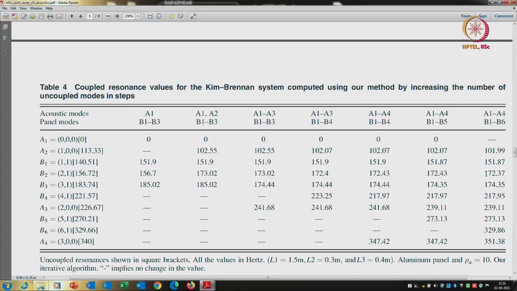So any mode is influenced by the values of resonances close by. If you start including modes that are further and further away in resonance, there are these A1, A2, A3 terms which have frequencies in the denominator. You have omega n square minus omega square type terms in the denominator.